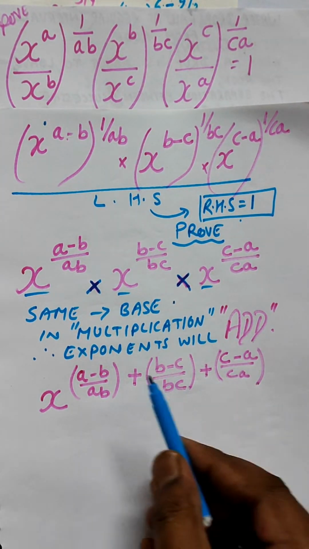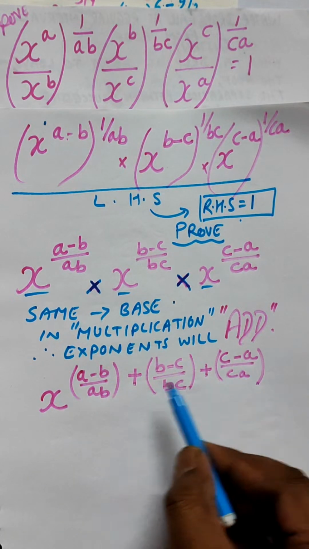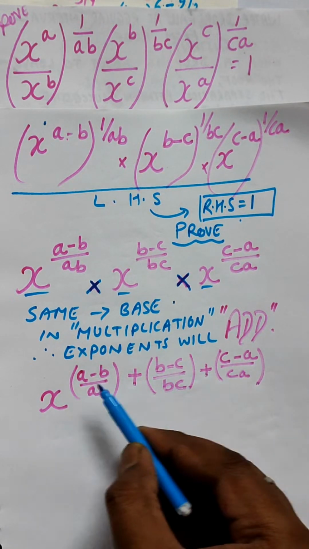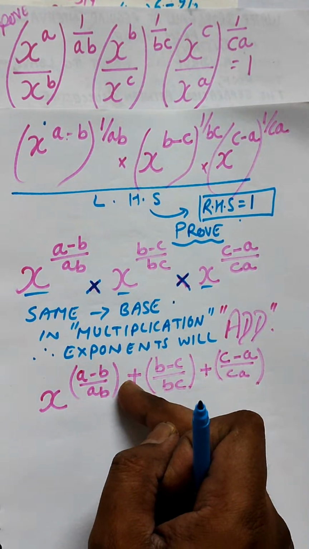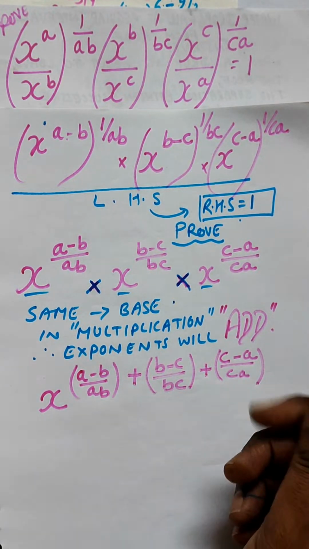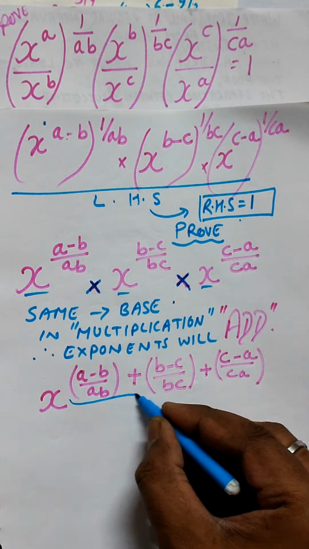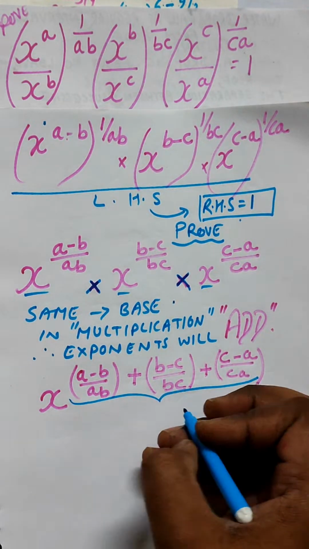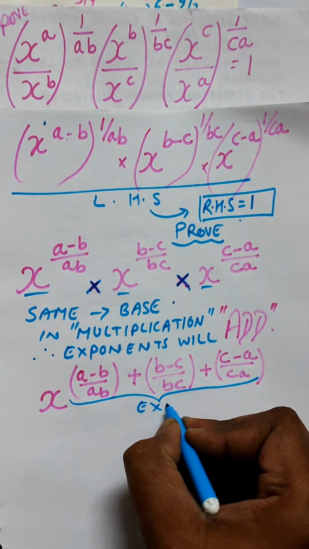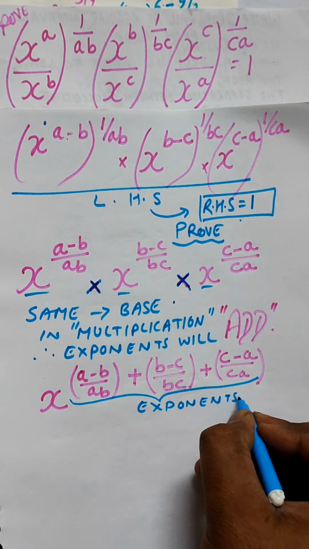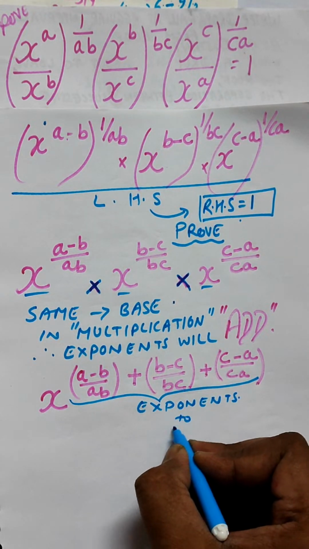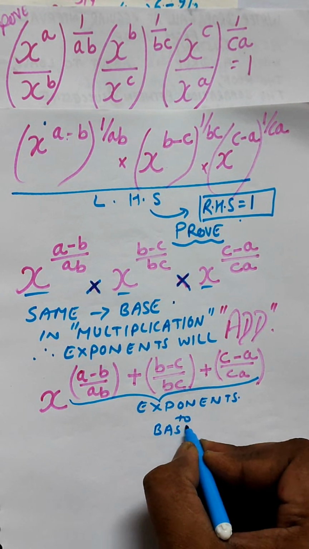Mind it, all these three numbers in the bracket are added, and all these are exponents to base x, right.